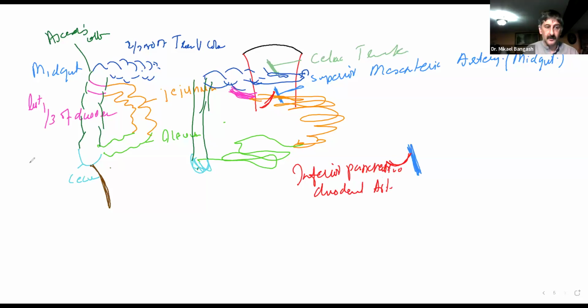And what you guys may realize is that this was going to anastomose with the superior pancreatico duodenal artery, which in itself was a branch of the gastroduodenal artery.